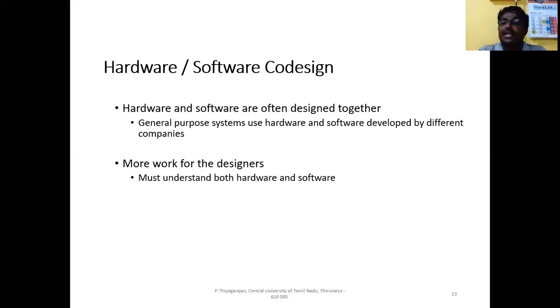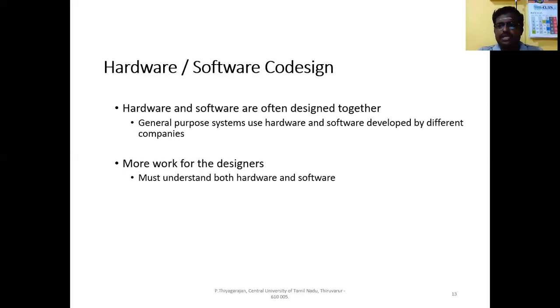Embedded software developers have these constraints because they know the limitations of the hardware. They cannot write any lousy code. Their code always has to be optimized, and it has to use only the limited resources in the embedded system.